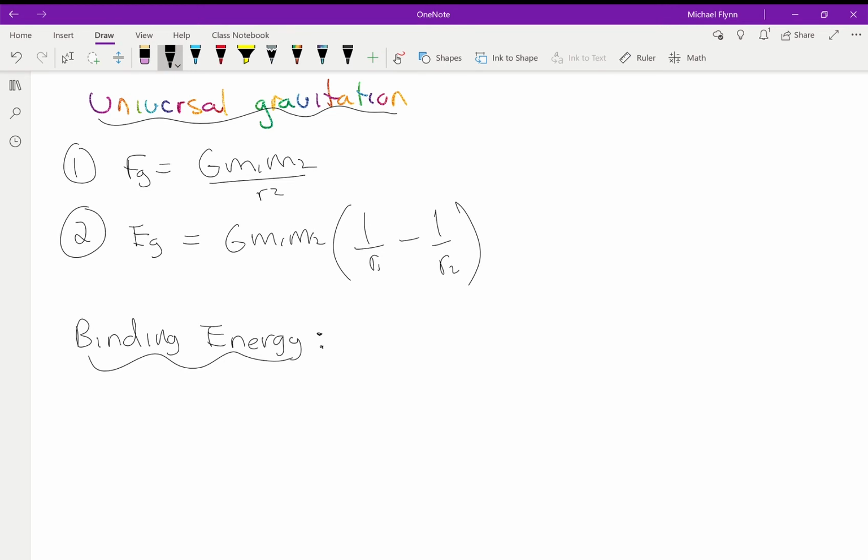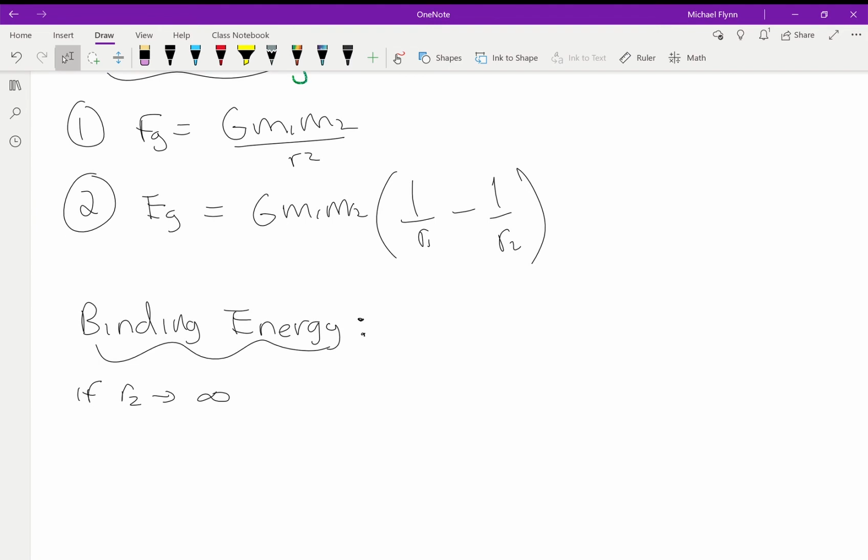Now, what we do is we take this formula. If R2 approaches infinity, the universe is a big place. Now, it's not infinitely big, but let's say we were to get something so far away that it's like a trillion miles away from Earth. If you look at the formula for gravitational energy, if you remember limits in calculus, the energy will approach G m1 m2 times 1 over r1 minus 1 over r2.